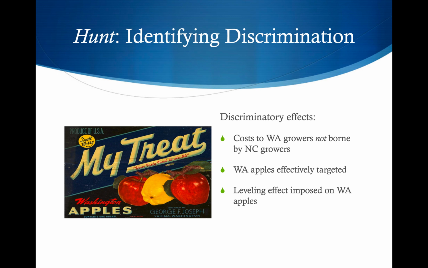So the court says here this is tantamount to an embargo against those superior grade apples. So three factors that show that the statute in effect targets Washington apples and has the effect as though the state of North Carolina had said Washington apples are not permitted to be sold here. At least Washington apples that would compete and perhaps do better in the market than our own North Carolina apples cannot be sold here.